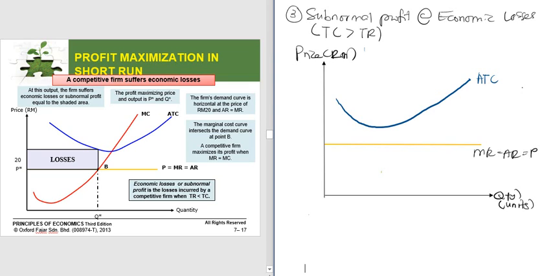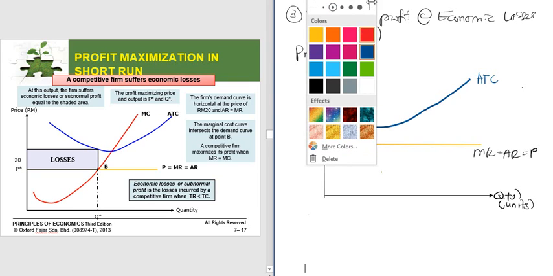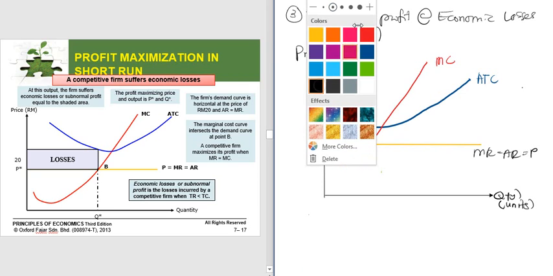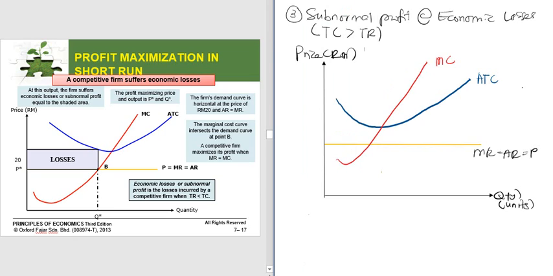Now you draw the marginal cost curve, which must touch the minimum ATC. Now again back to the profit maximizing condition, which is MR must equal to MC. So find the point where MR equals to MC, which is here.